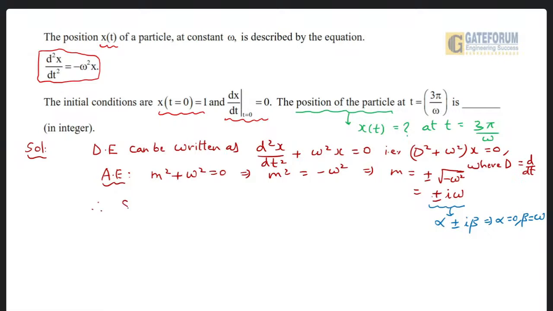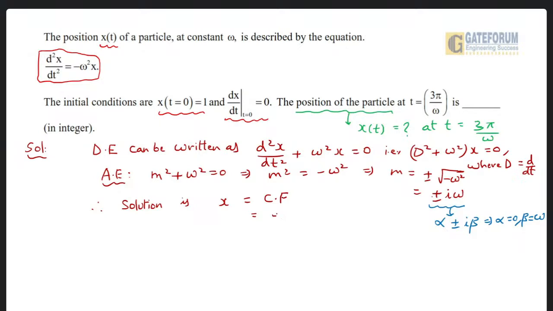Therefore, general solution, or you can write simply solution, is x of t is equal to CF. CF stands for complementary function. Now this is a pair of complex conjugate roots. So when we have alpha plus or minus i beta, your complementary function is e power alpha x into C1 cos beta x plus C2 sin beta x, where x is replaced by the t variable because t is the independent variable.